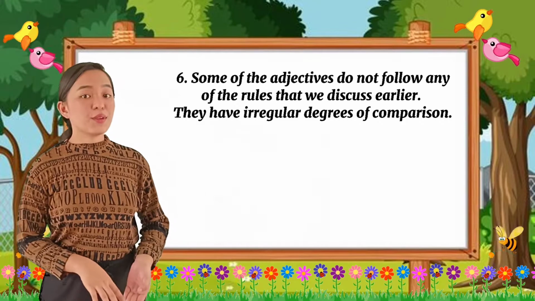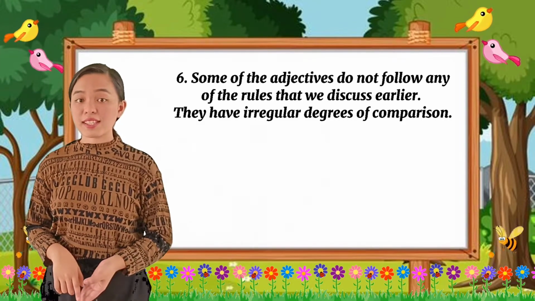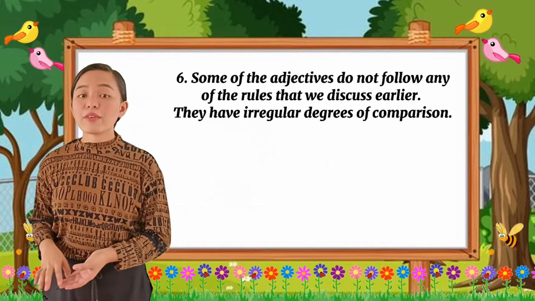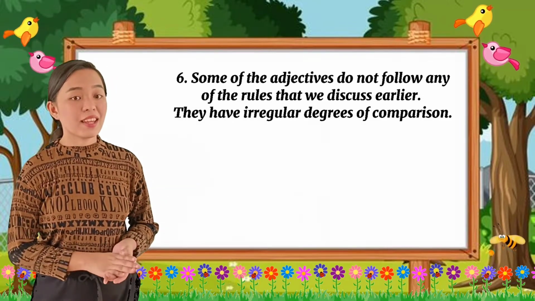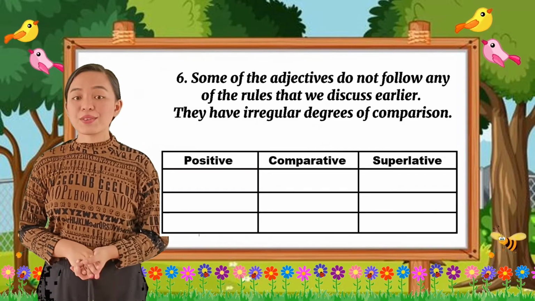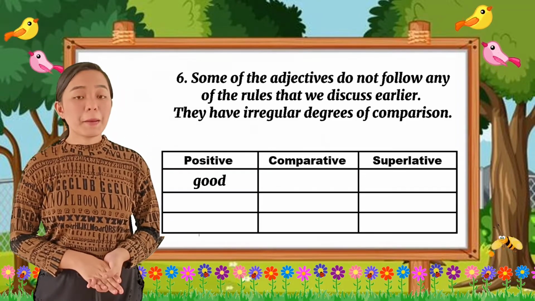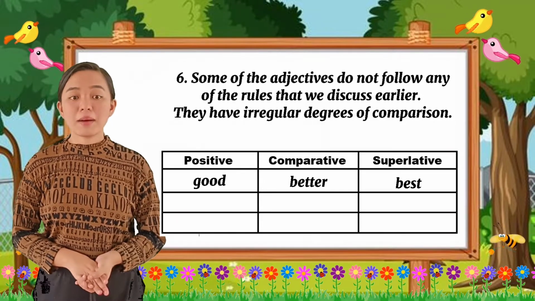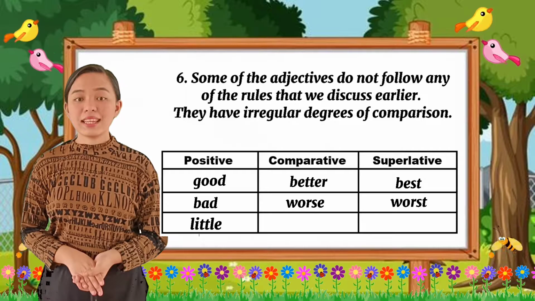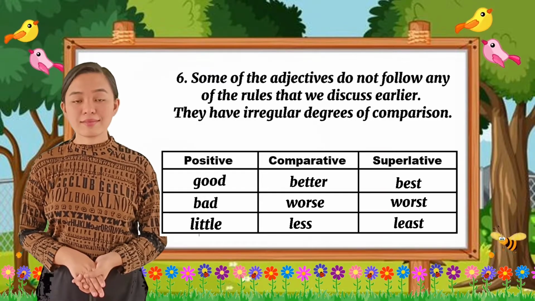Some of the adjectives do not follow any of the rules that we have discussed earlier. They are compared irregularly or they have irregular degrees of comparison. And here are the different forms of such adjectives. So for example, good, better, best, bad, worse, worst, little, less, least.